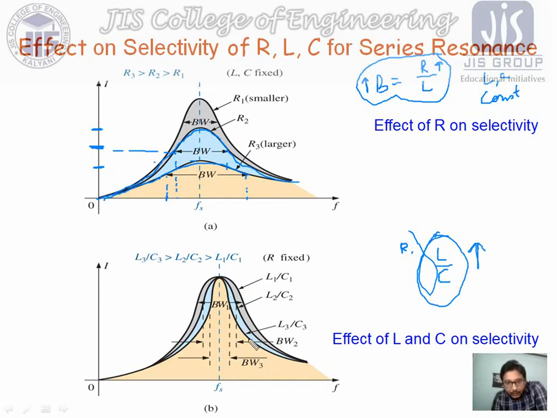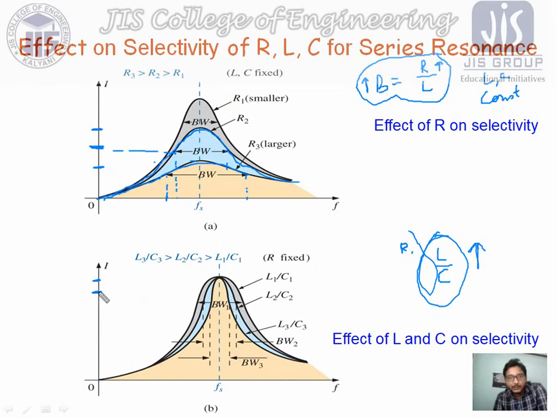For this one, the innermost graph, the bandwidth is very small, because for all these three graphs the maximum value of the current is the same, so our RMS current will also be the same.